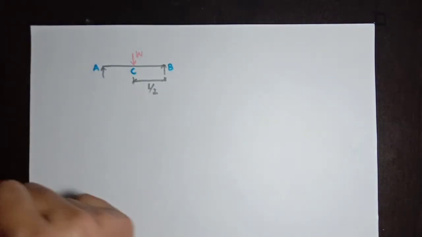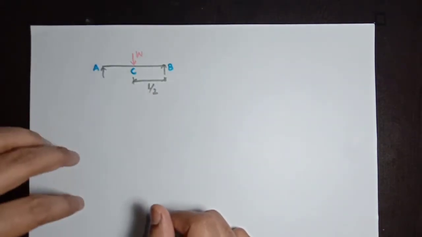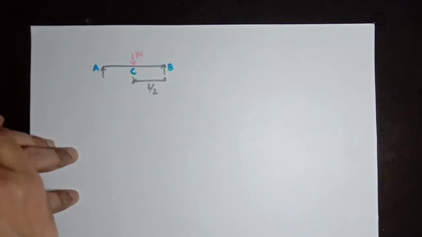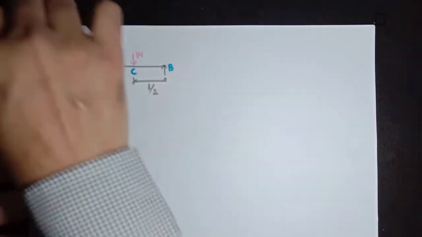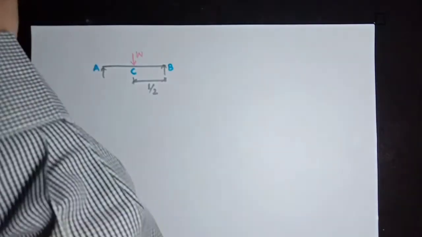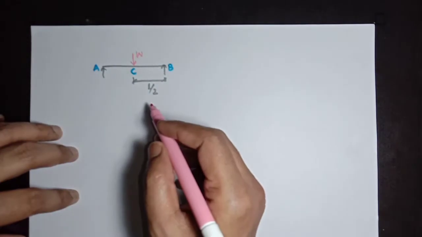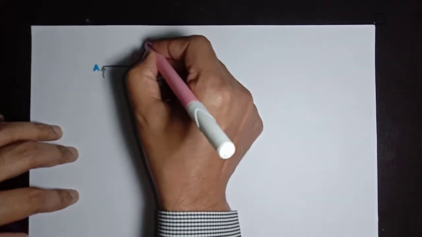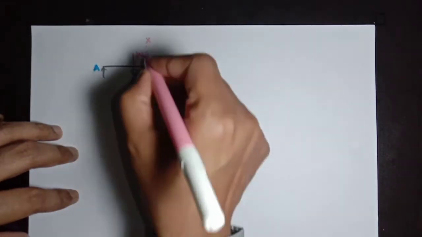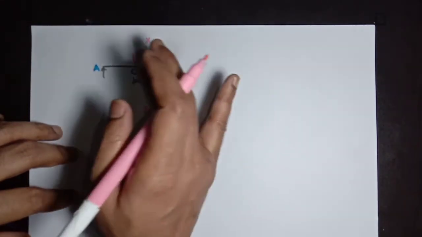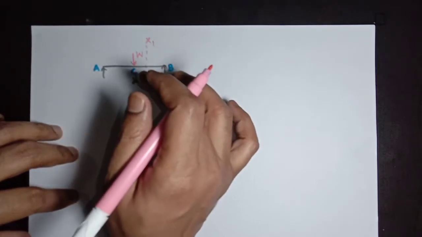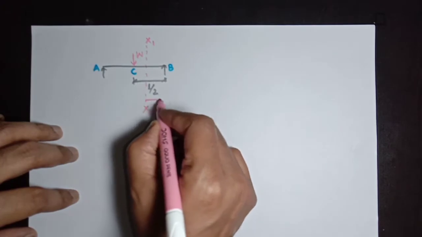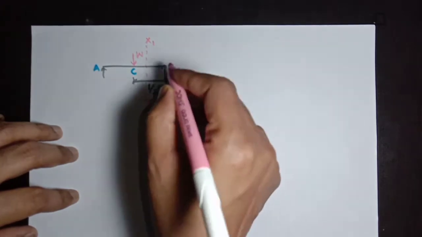Now, in order to draw a bending moment diagram for this real beam, we need to find a bending moment profile. For the profile, we have to find a bending moment at general section XX. You can say x1, because from right of this C and left of this A we have to find bending moment, and this section is at a distance of x from point B.